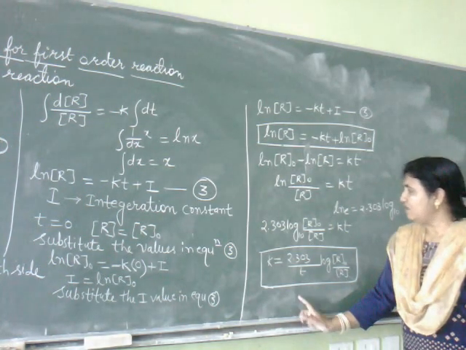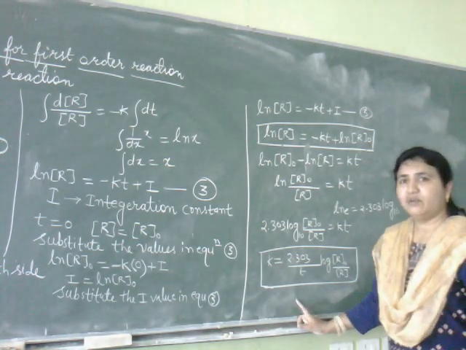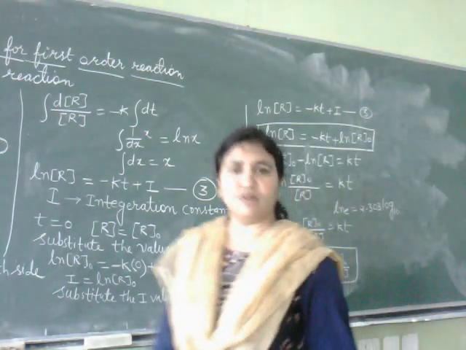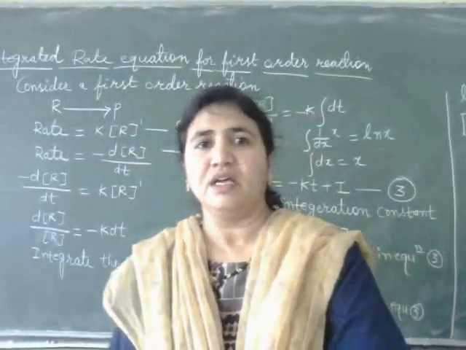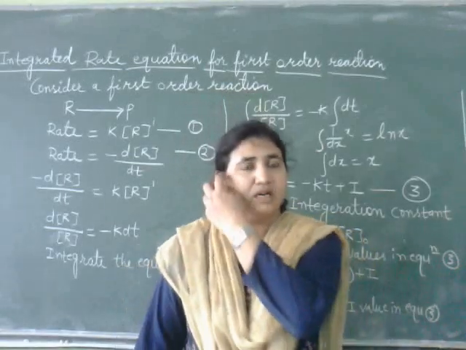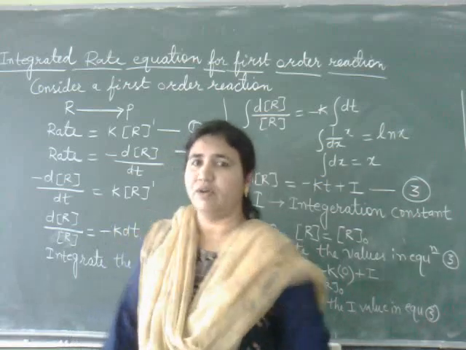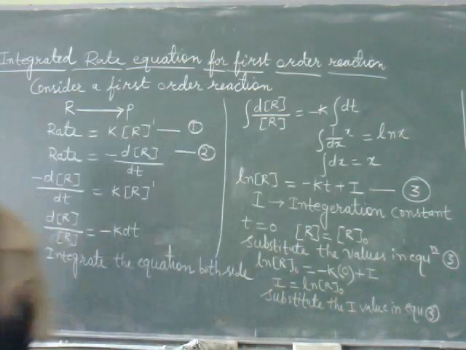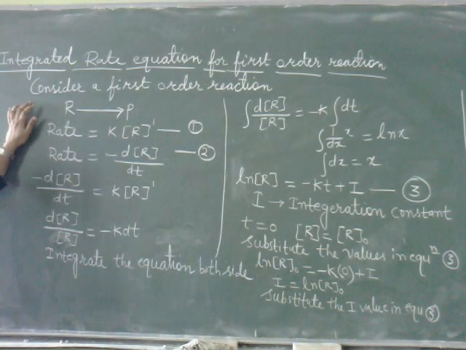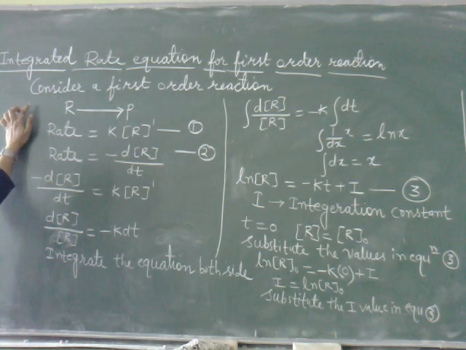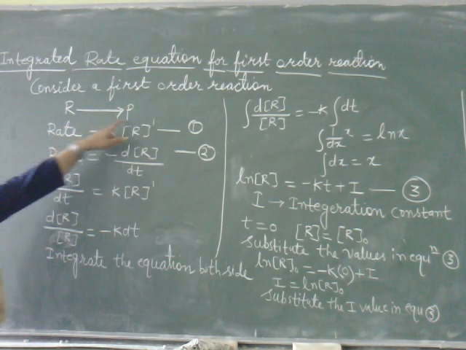Okay, so how did we get here? Once again, see here. This is very important for the final theory exam. It is a 3 marks question. They will ask: find out the integrated rate equation for first order reactions. So first, consider a first order reaction: R gives product.